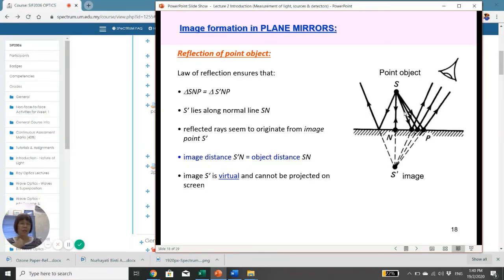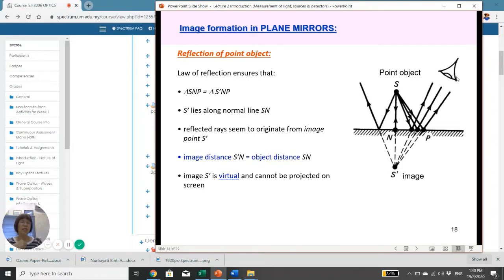If it gets reflected at another point, you take a ray which is coming from a larger angle here, it gets reflected like this, and then by projecting this reflected ray backwards, you'll find that they all meet at a point here. Now, this point here is the image.